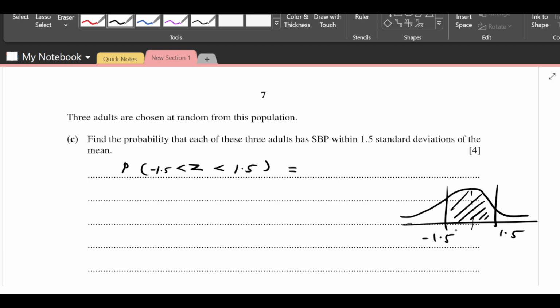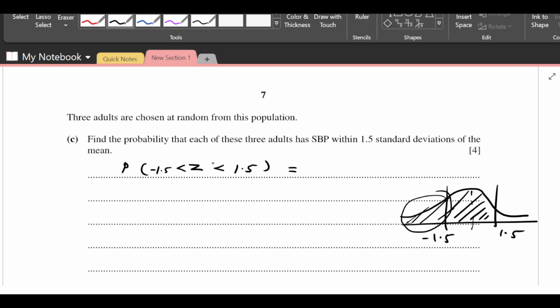From the whole value, I have to subtract this part.